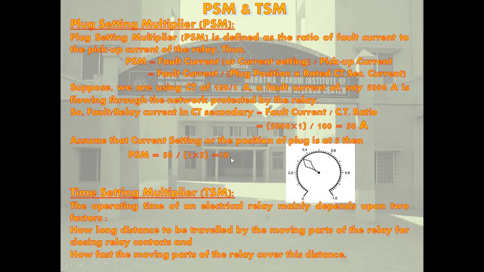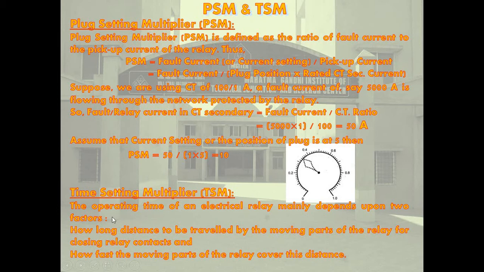Assume that the current setting, the position of the plug, is at 5. Then PSM equals 50 divided by 1 into 5, equal to 10. So this is the plug setting multiplier.